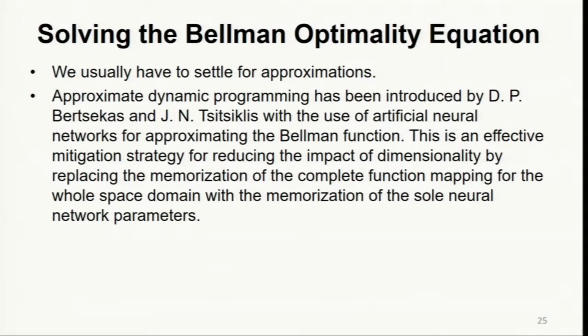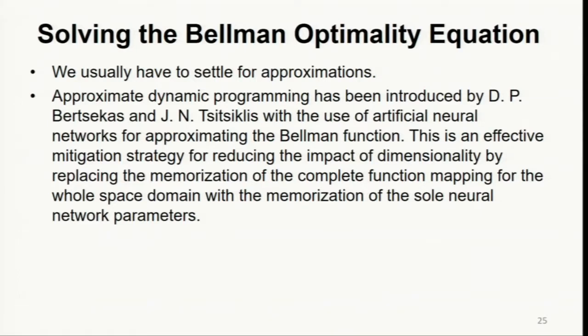Because the state space is so huge, they cannot settle for exploring all the possibilities. So they use a neural network to build a function to represent the state value function and the action value function.